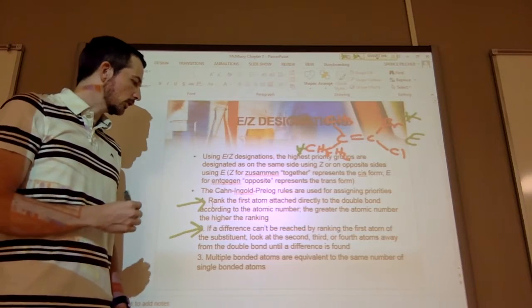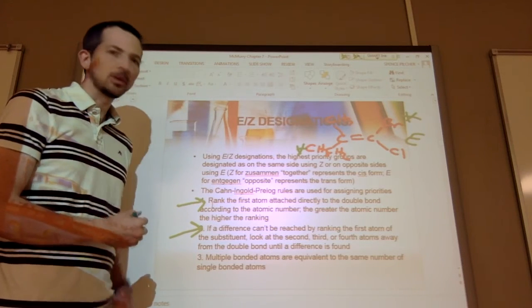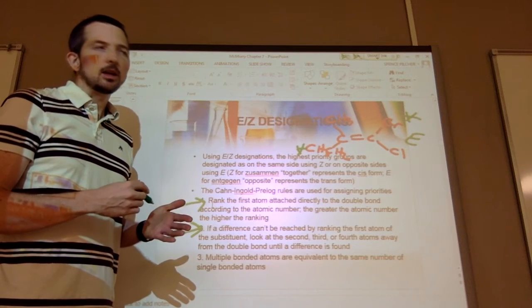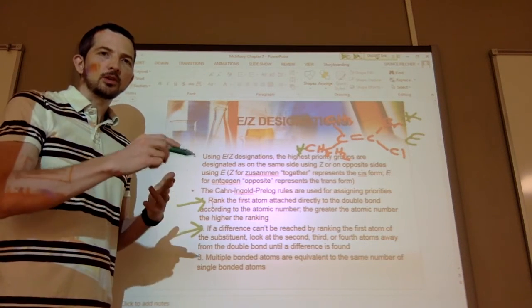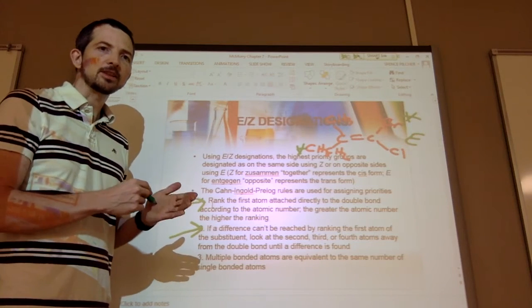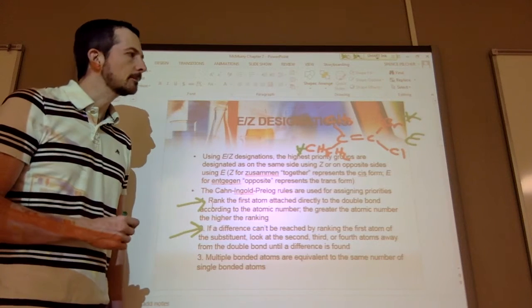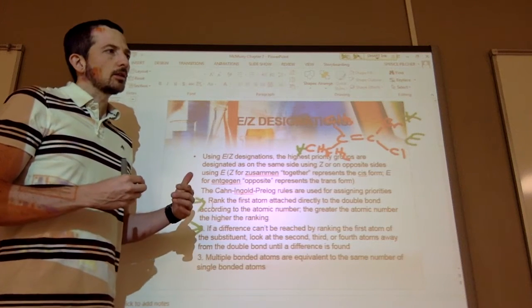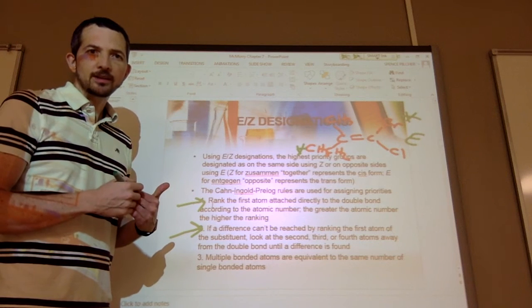Also as a review, remember multiple bonded atoms are equivalent to the same number of single bonded atoms. So if you have C=O, that's like a carbon bonded to two oxygens. If you have a C≡N, that's like a carbon bonded to three nitrogens. You only look at the number of them if you're comparing the same atom.